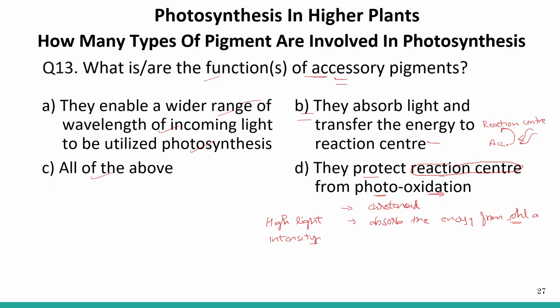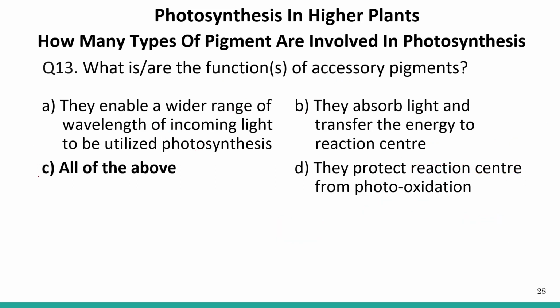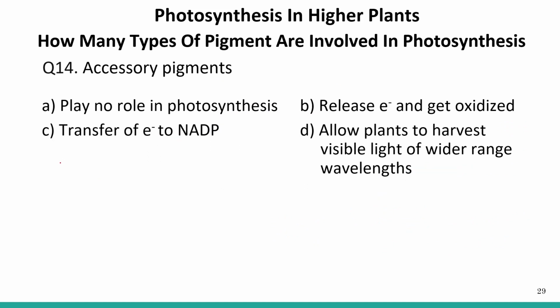So some accessory pigments like carotenoids absorb the energy from chlorophyll a, and that's why it prevents photooxidation. This is how accessory pigments protect the reaction center. So what should be the answer? All of the above.